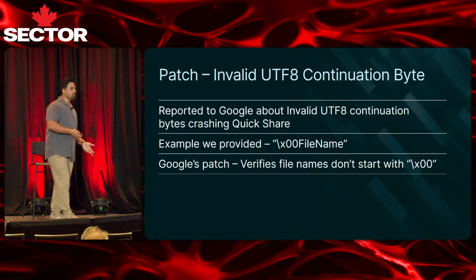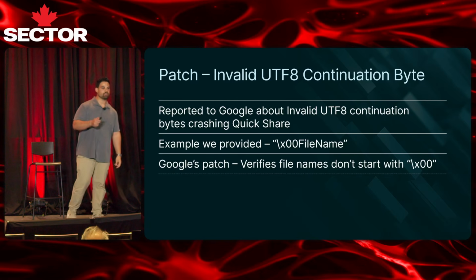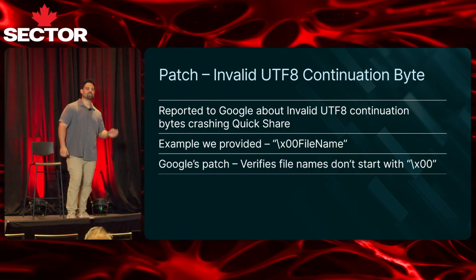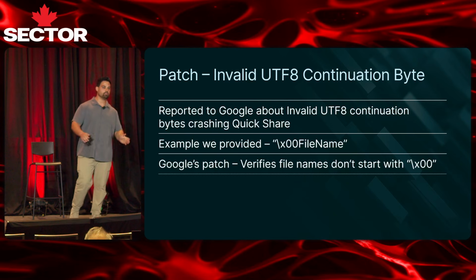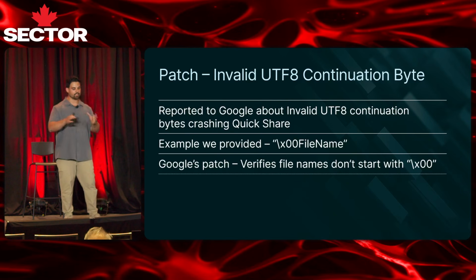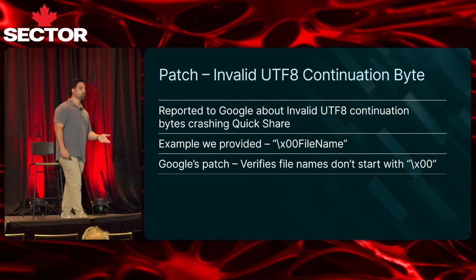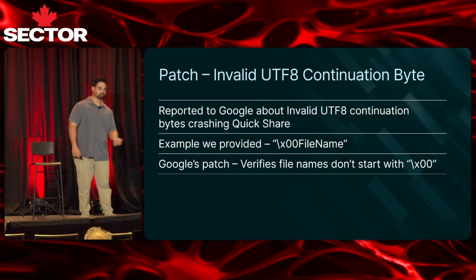Okay, so the first surprise was regarding one of the denial of service vulnerabilities that was found using the fuzzer. Basically, this denial of service vulnerability was caused due to invalid UTF-8 continuation bytes in file names. Now, you don't have to know what invalid or valid UTF-8 continuation bytes are, but the example that we provided was simply a file name that starts with a null terminator.